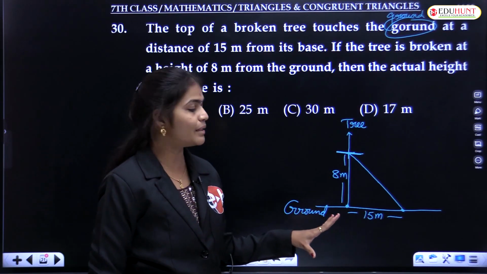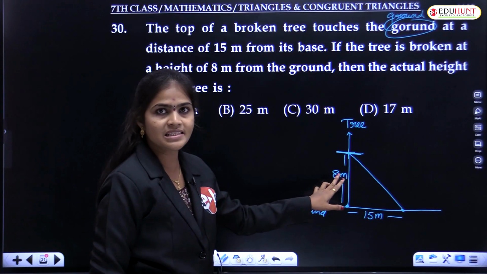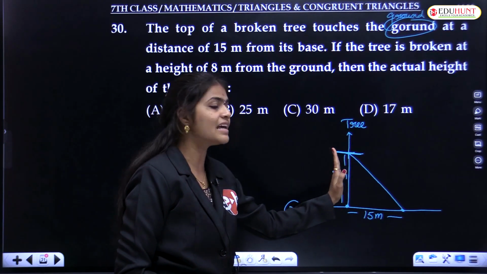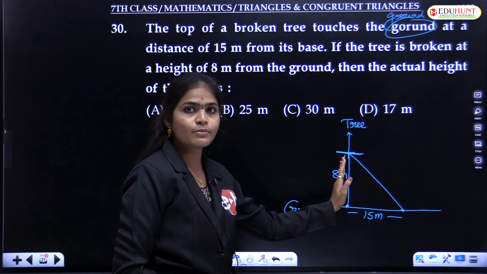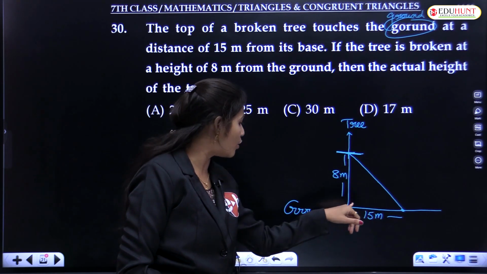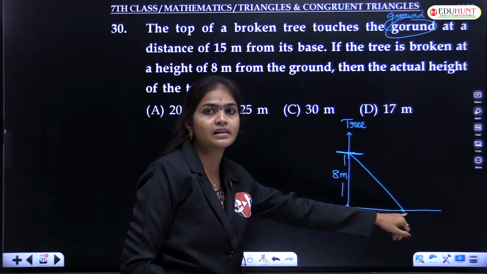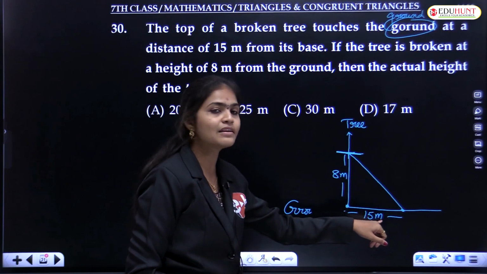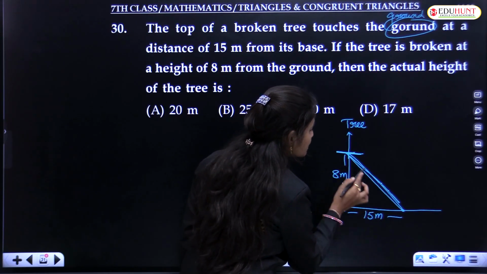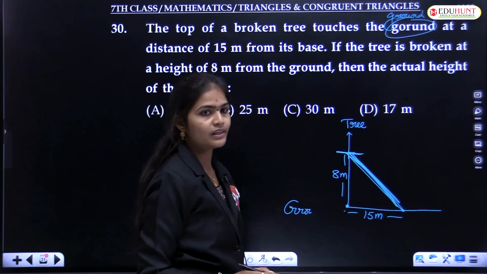These two measurements they have given: this is the broken part and this part is still standing on the ground. So one height they gave as 8 meters, and the distance between the bottom part and the top part is 15 meters. Now we need to find the broken part, this one.